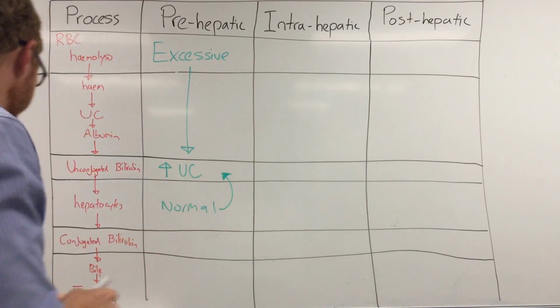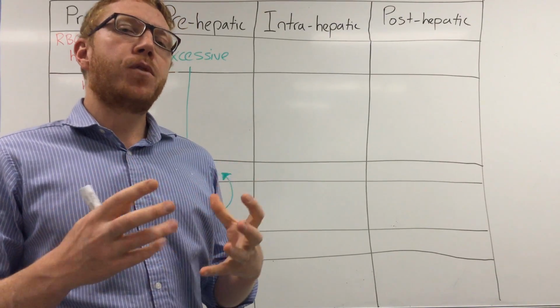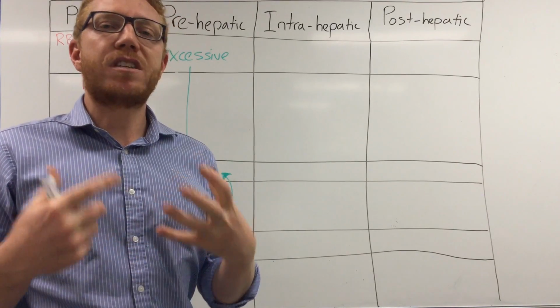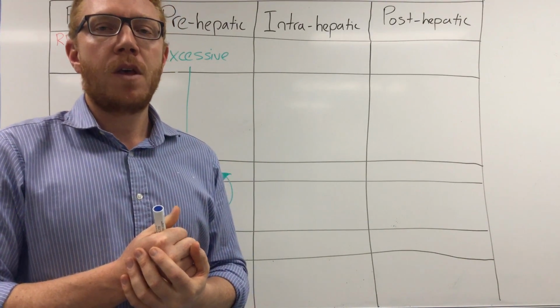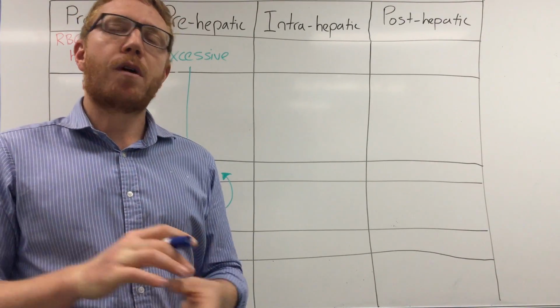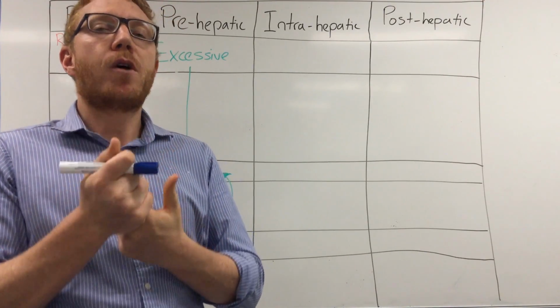Now when we move across to the intrahepatic causes, this would be problems with the liver itself, so the hepatocytes are damaged or dysfunctional. This could also be called hepatocellular dysfunction, or hepatocellular jaundice. The most common ones would be hepatitis or cirrhosis.